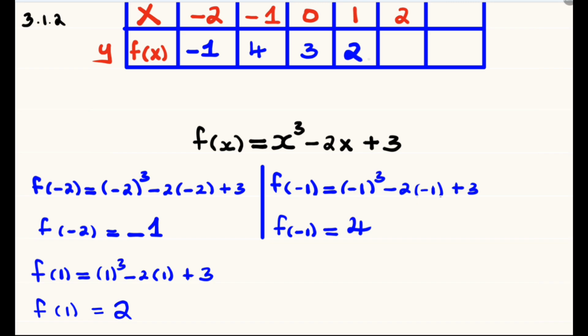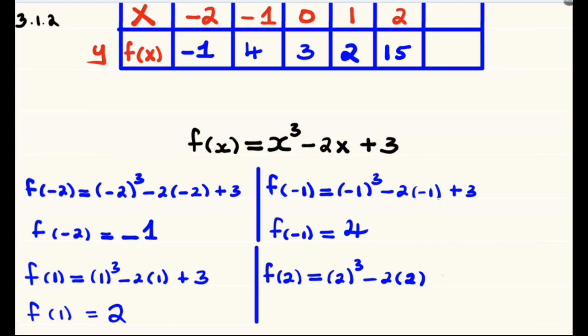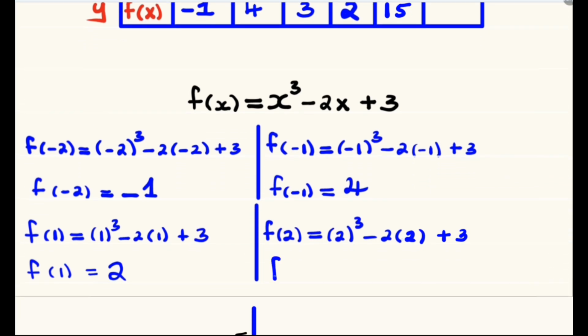And when x is equal to +2, we have our f of 2 equal to +2 raised to the power 3 minus 2 multiplied by 2 plus 3, and our f of 2 will be equal to 2 raised to the power 3, which is 8, minus 2 times 2, which is 4, plus 3, which is equal to +7.